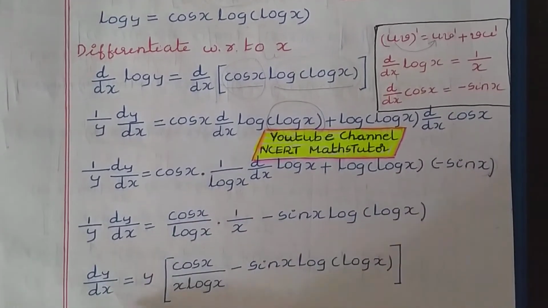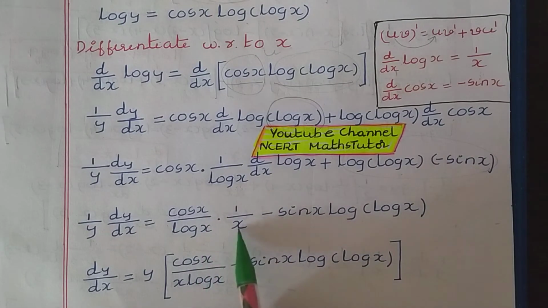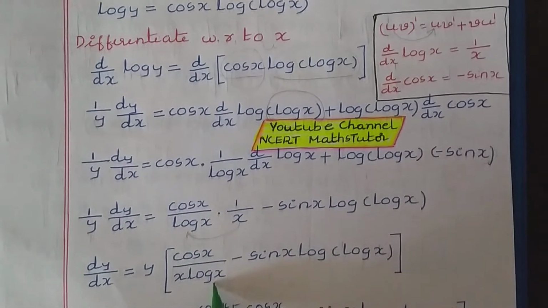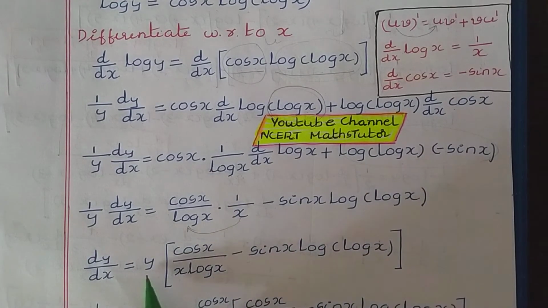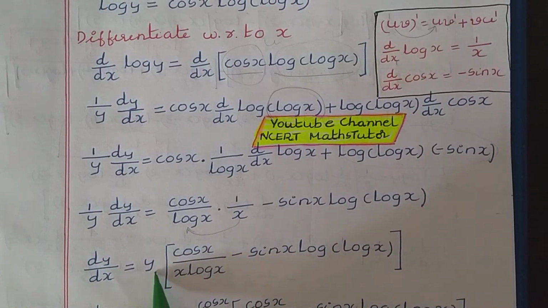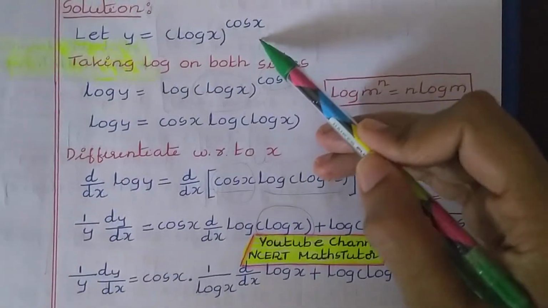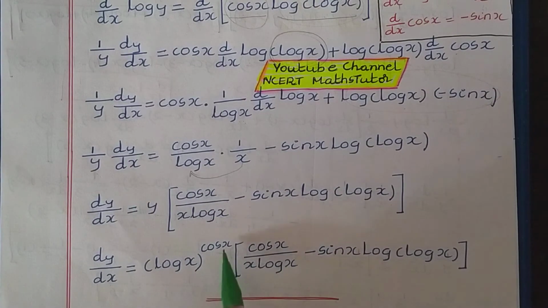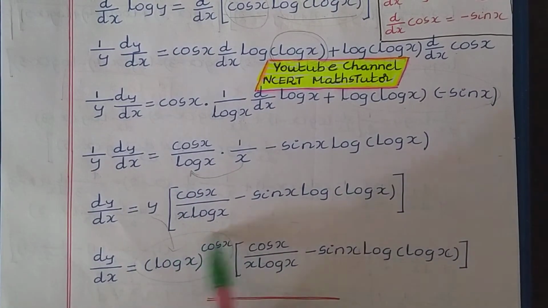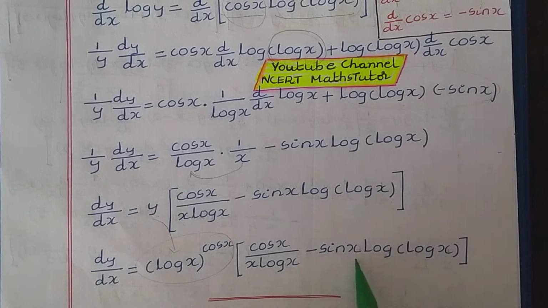We get dy by dx is equal to y into cos x divided by, multiply this with this, x log x, minus sin x into log(log x). Now you replace this y with the original function value. The original function is (log x)^(cos x). So dy by dx is equal to (log x)^(cos x), that is the y value, into cos x divided by x log x minus sin x into log(log x).